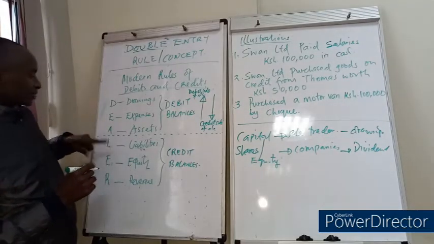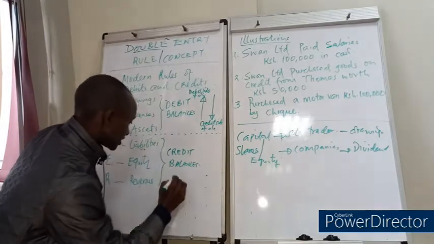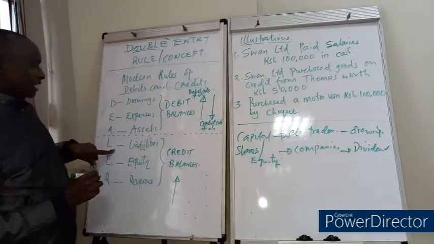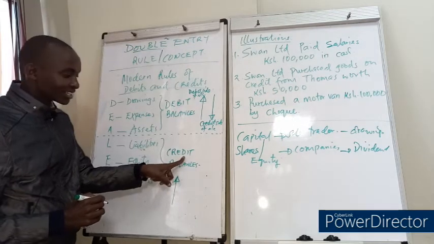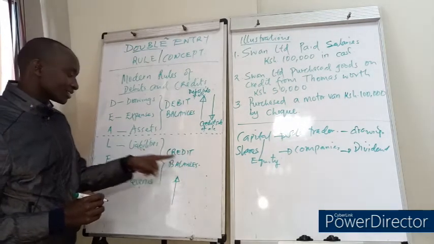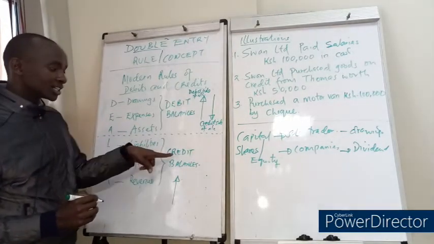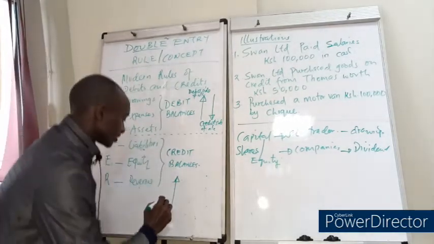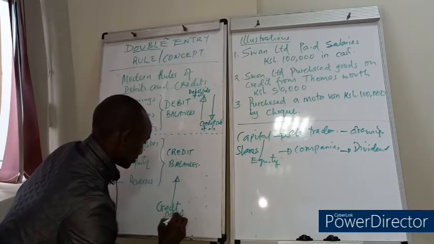So let's move to liabilities, equity, and revenue. If you want to increase a liability, remember liabilities have got credit balances, you do it on the credit side of the account.